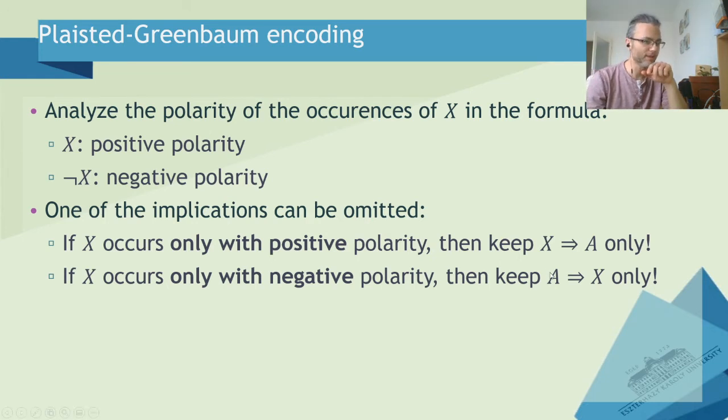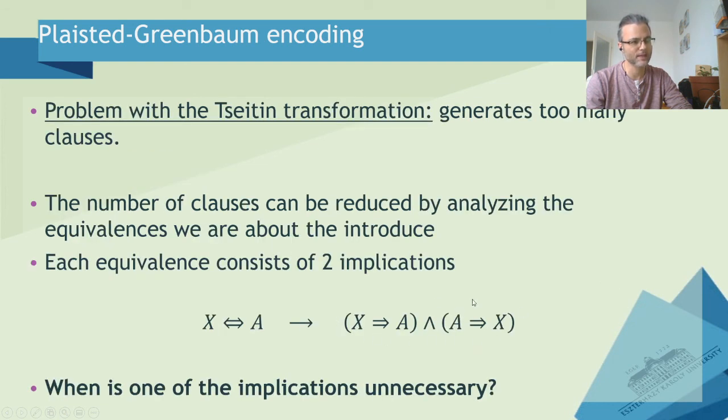Therefore, look at this. We keep only one of the implications, A implies X. So instead of using both implications, we keep only the second one. We eliminate the first one.